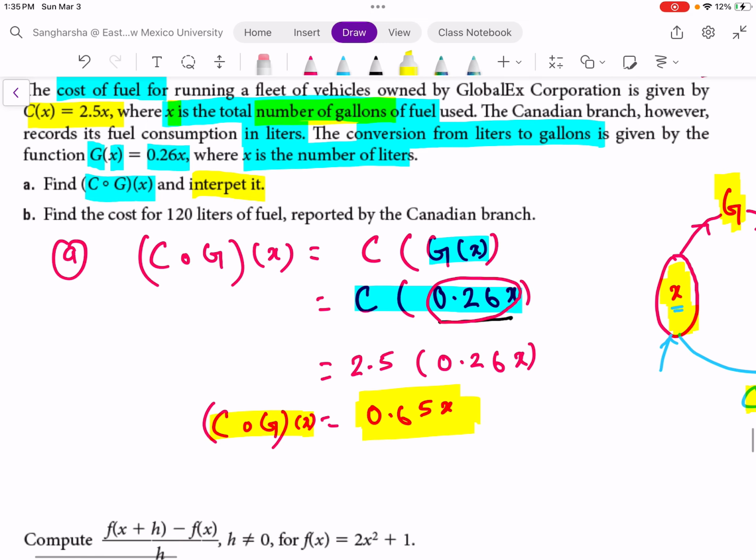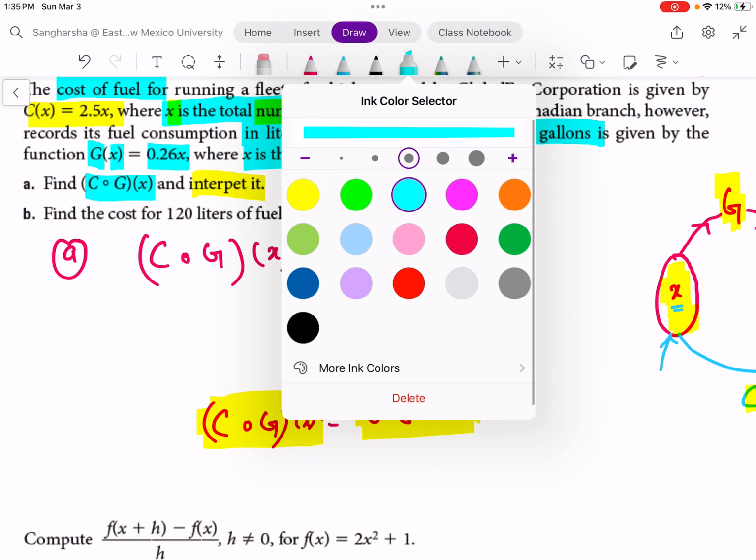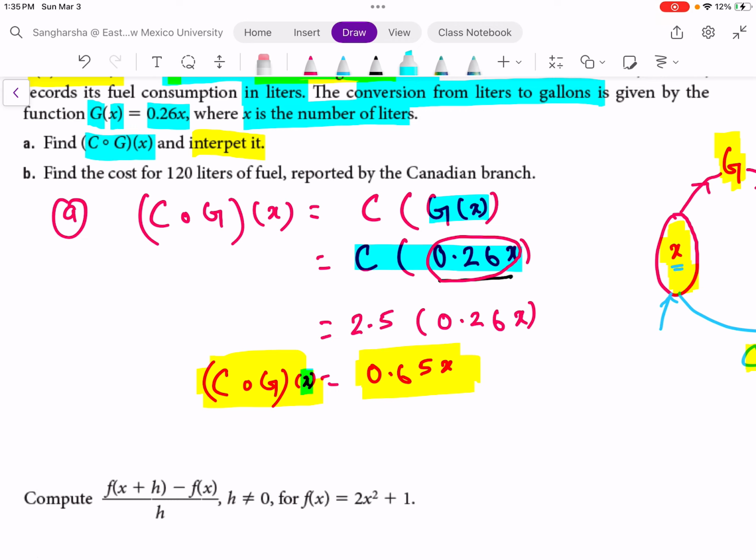But this C composite G function we can use when our input is liters. So the C composite G function gives us the cost of fuel, where x is the number of liters. Now in part B we need to find the cost of 120 liters of fuel, so we have the two functions to use to find the cost.